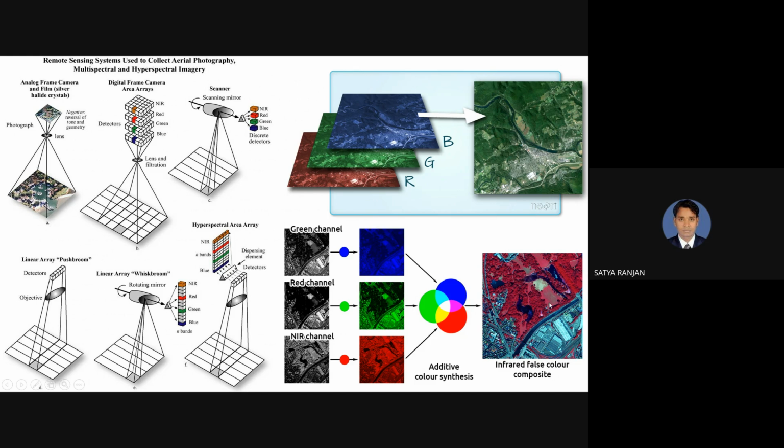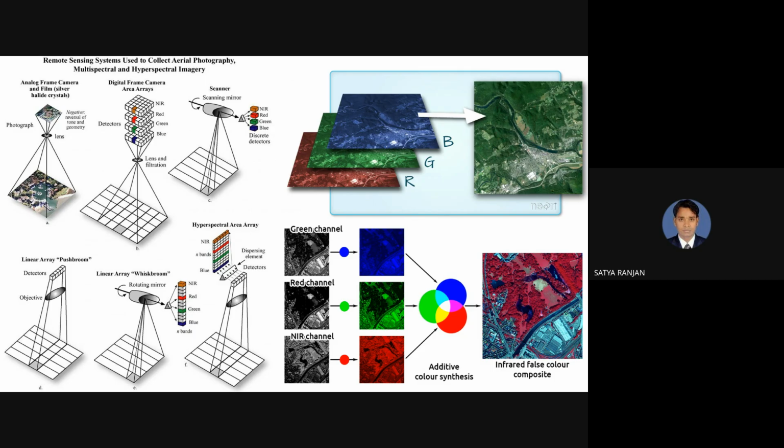This is the false color satellite image. So in this false color, generally green vegetation looks red, so that it is easily demarcated, easily identified. That's why we create most of the time the false color composite.